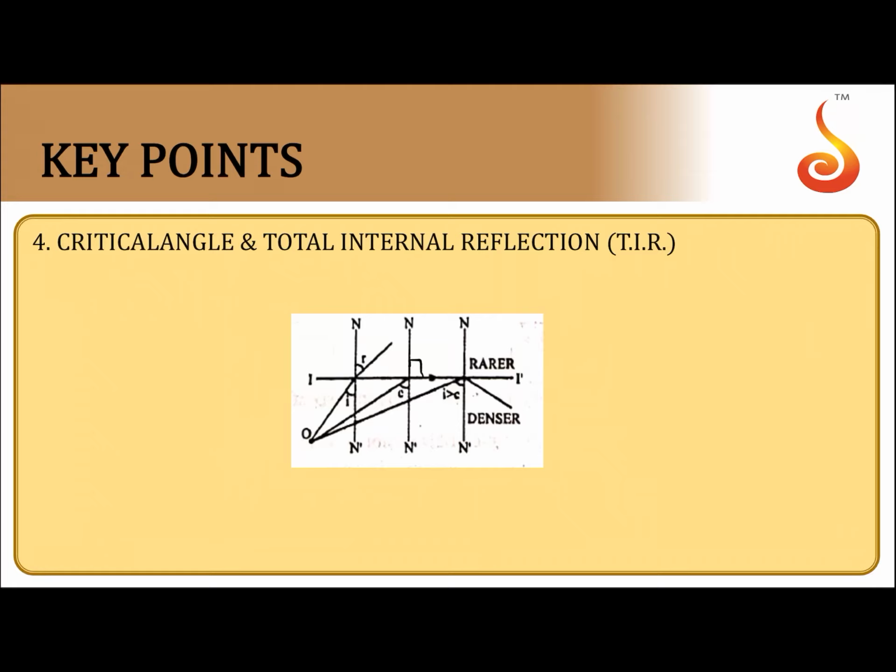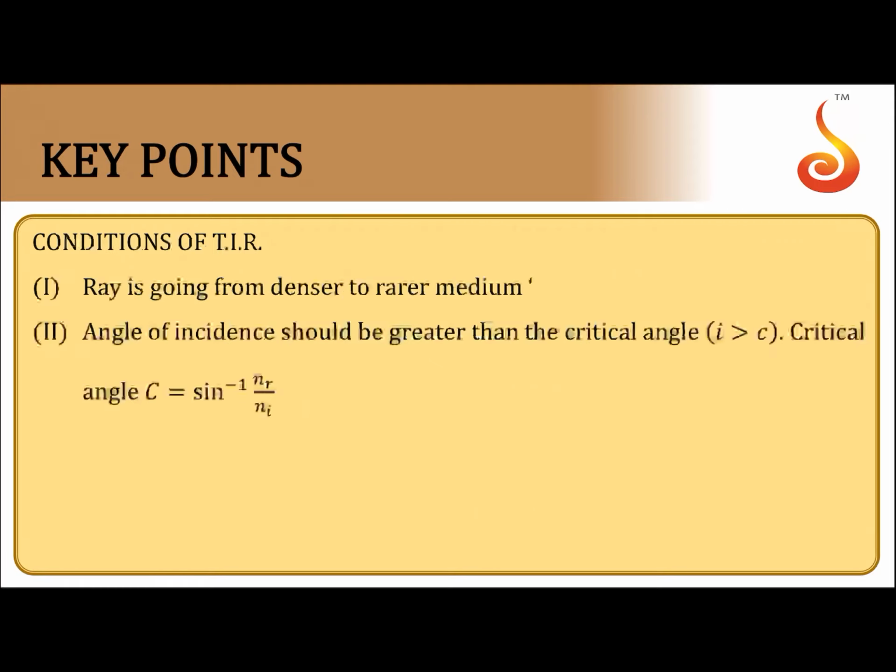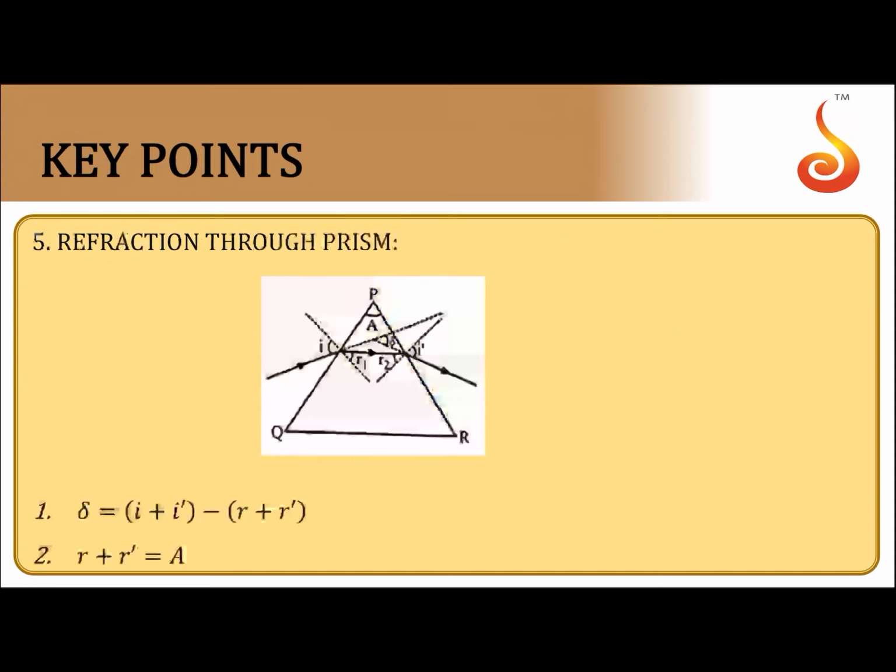That angle of incidence is called the critical angle, because if we increase the angle of incidence further, the rays will return back to the same medium, and the phenomenon will be reflection of light. This phenomenon is therefore called total internal reflection. The critical angle can be given by sin inverse of nr by ni.